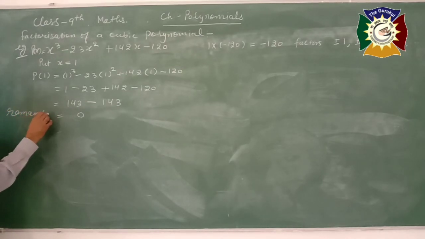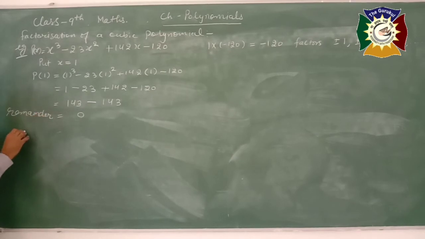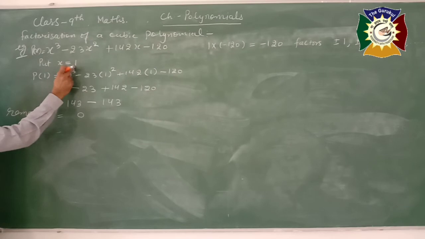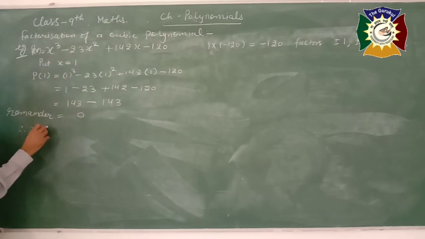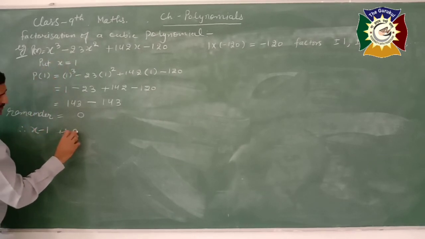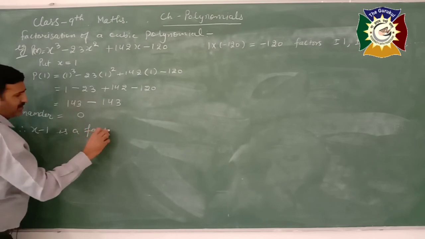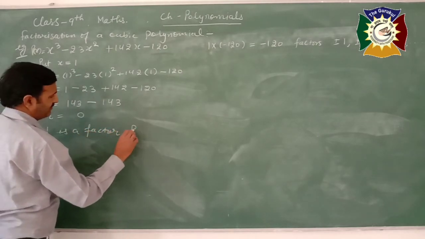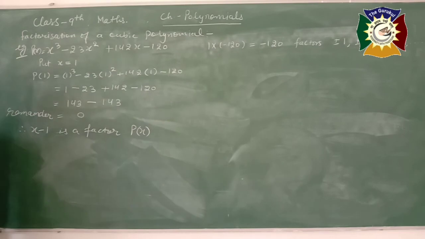In this case, we can say that if the value of x is plus 1, then x minus 1 is a factor of the given polynomial p of x, because this makes the value of the polynomial 0.